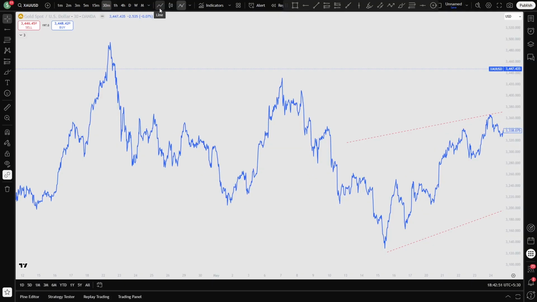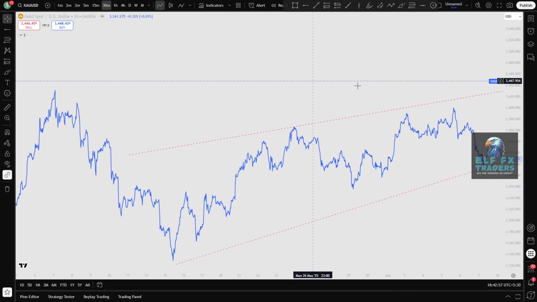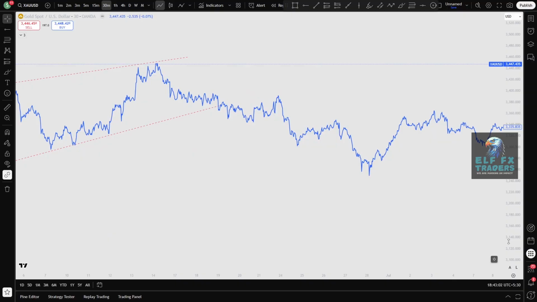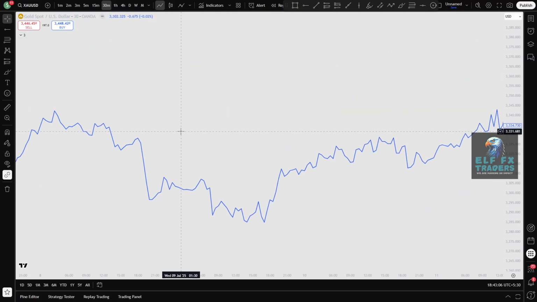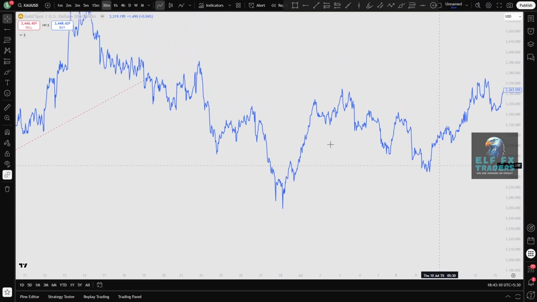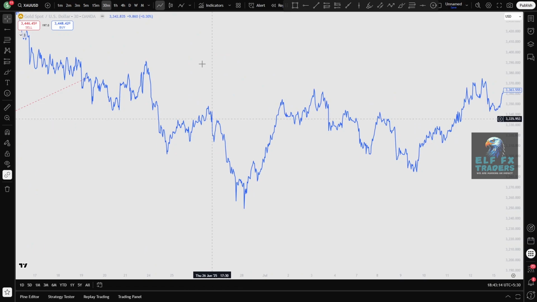The line chart, what you are seeing here, is the line chart. It shows the price only as a line. There are no other details that we are going to be seeing except for the line.